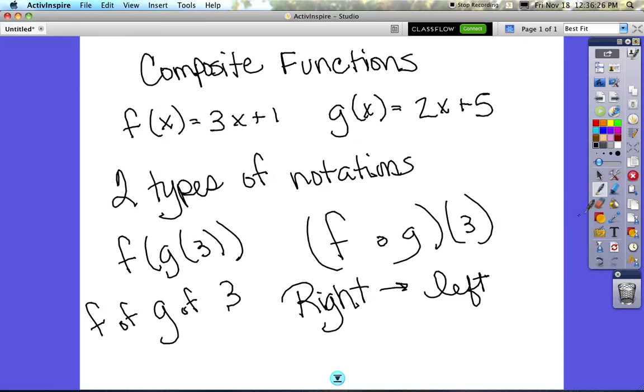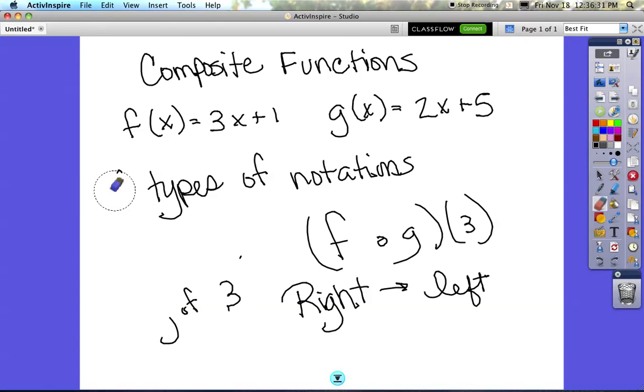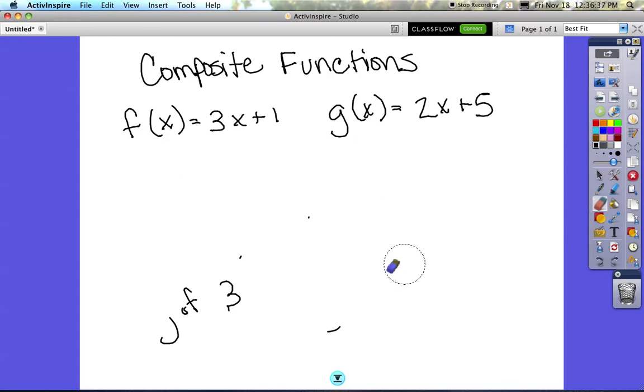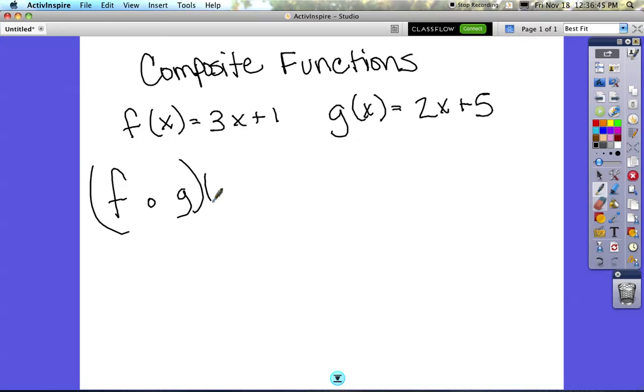Okay, so for today's examples, we're going to be using the second type of notation, the one that looks like fog. So we're going to do f of g of 3. So tell me, 3 is in what right here? Parentheses. Can you tell me what's in parentheses up here? The x.